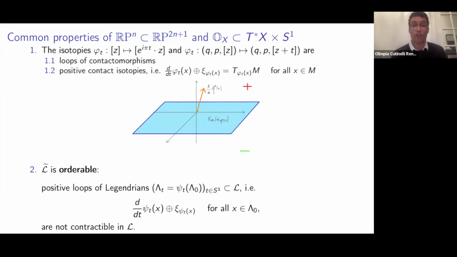Usually showing orderability is hard. This is where the rigidity lies, because you have to find an obstruction to the existence of a contractible loop. This obstruction usually uses generating function techniques, Givental's nonlinear Maslov index, or, as we will see also, Legendrian contact homology. So this is where the rigidity lies in what we will say later.